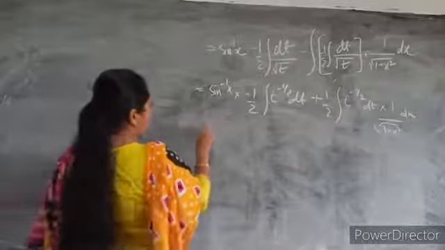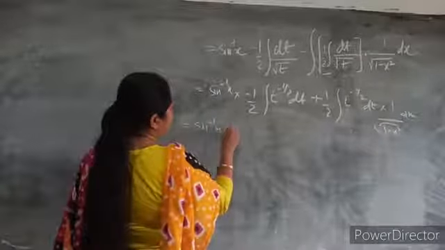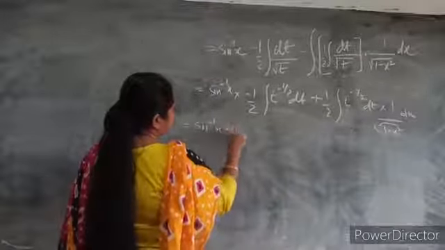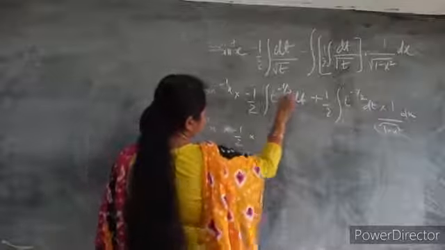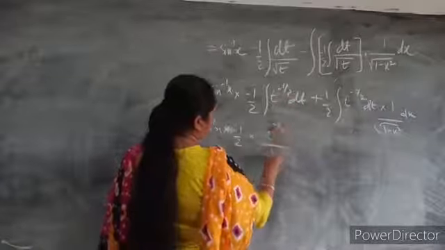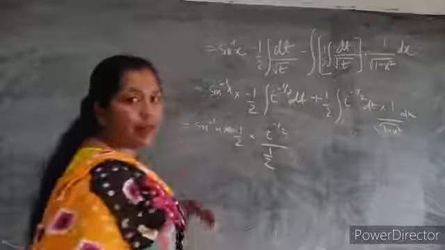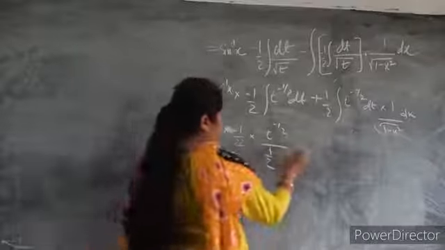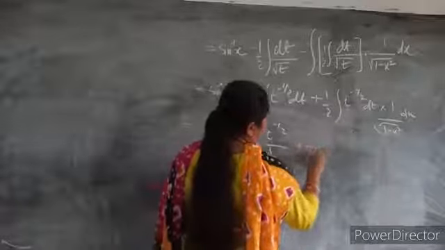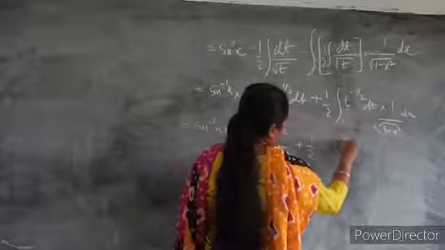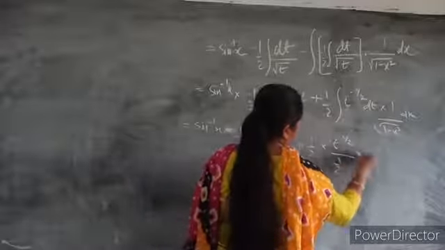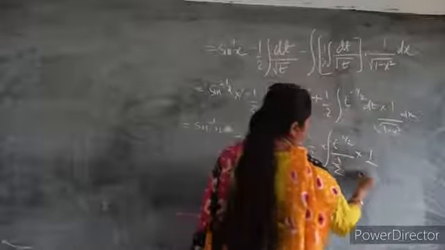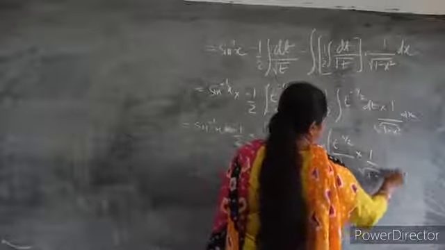So this will be simply sin inverse x into minus 1 by 2 into this will be half. Applying the integration x to the power n formula, all of you will know, this will be again here t to the power half into 1 by 2 into root over 1 minus x square dx.